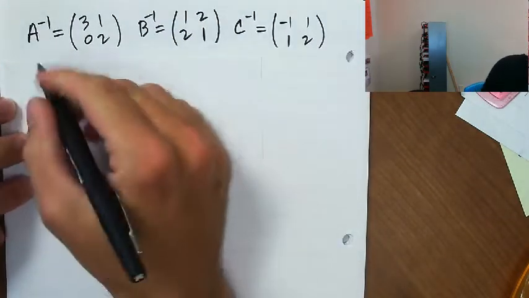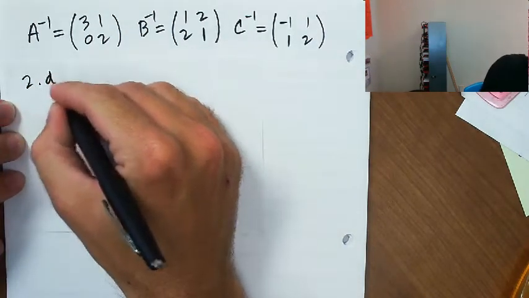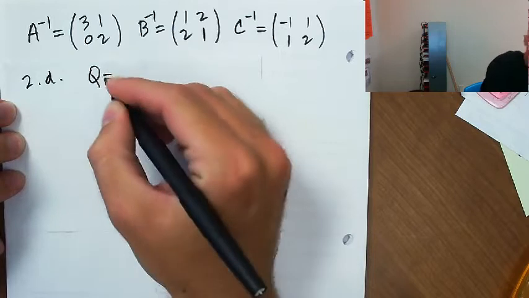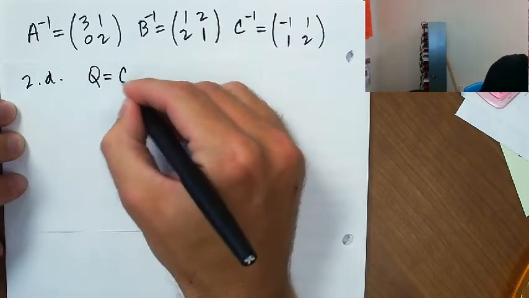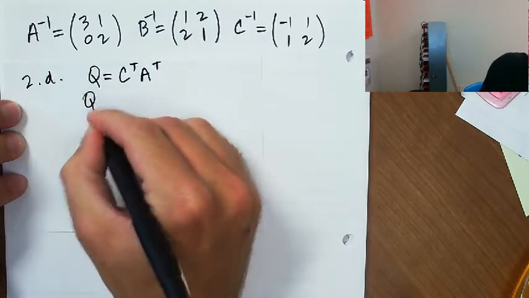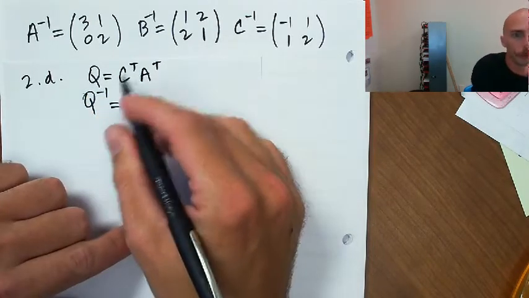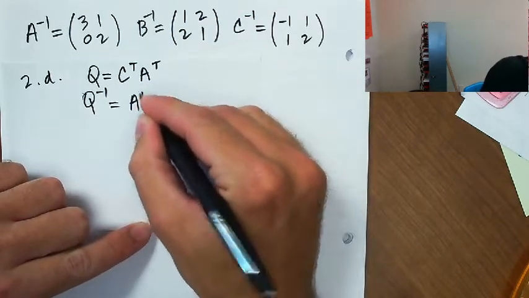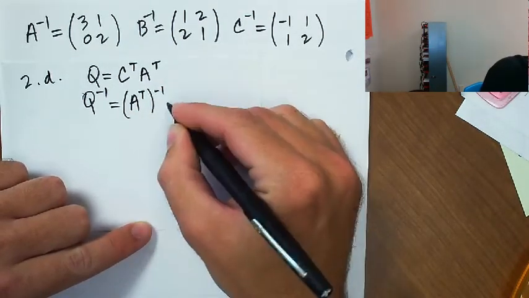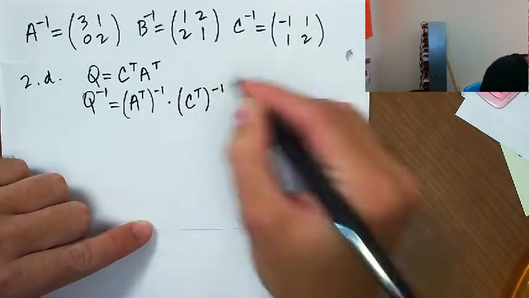Now we're going to get a little more intensive. 2D. C transpose A transpose, meaning that Q inverse is going to be, well, we'd have to reverse the order. So A transpose inverse multiplied by C transpose inverse.